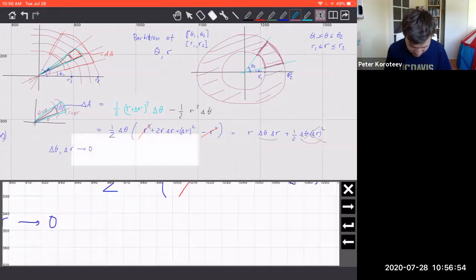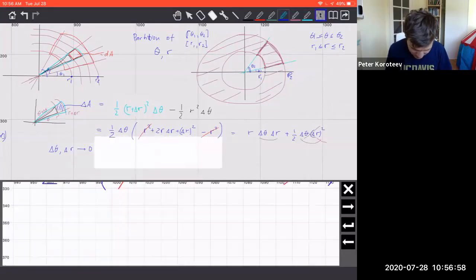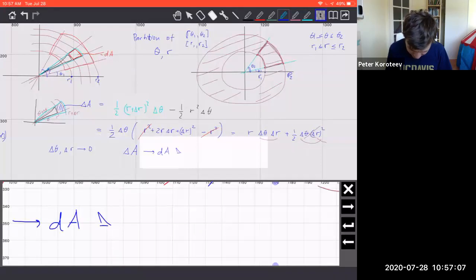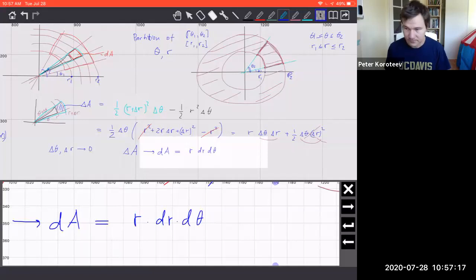So as delta theta and delta r go to 0, then delta A approaches dA, this differential of the area, which is equal to r dr d theta. Okay.